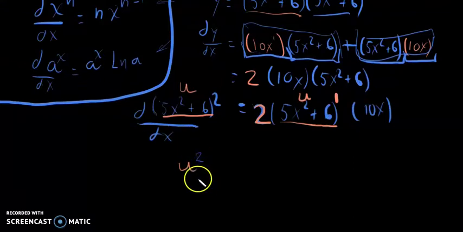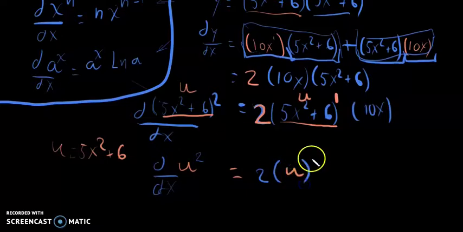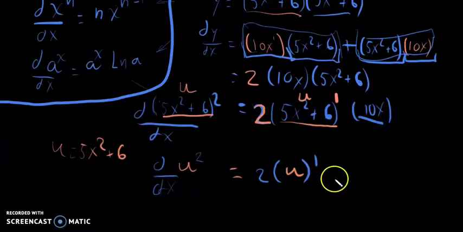So we had u squared at the beginning, d over dx, and u is going to be that 5x squared plus 6. And when we took the derivative, we ended up with 2 times u raised to the first power times this thing, right?